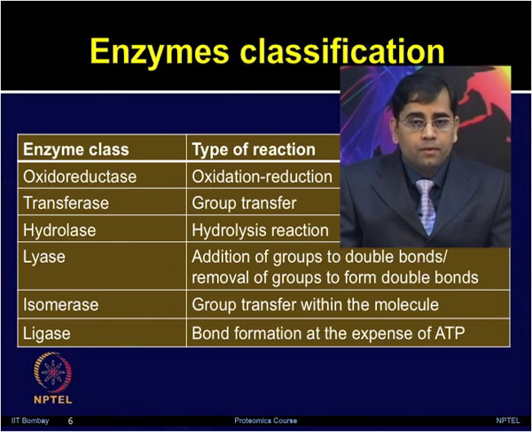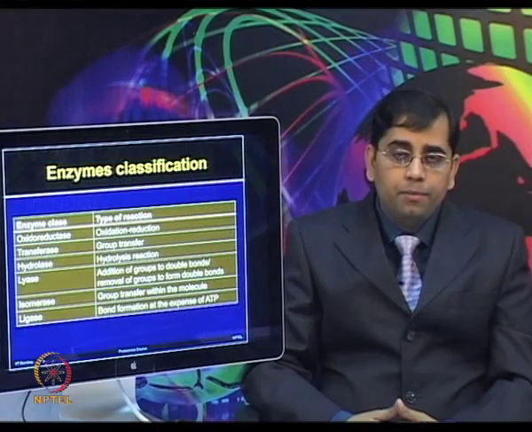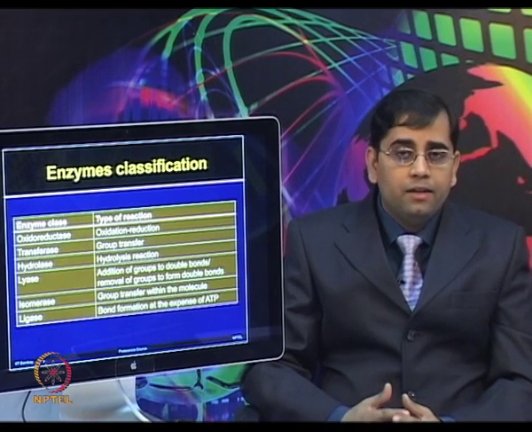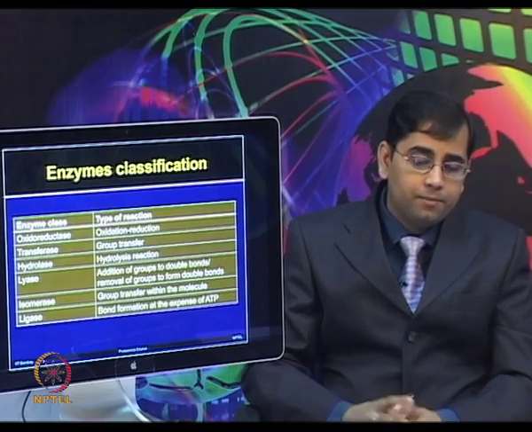Ligase catalyzes bond formation by using ATP. Example, glutamine synthetase. These are just a few examples, but each enzyme class incorporates various enzymes. Broadly, these are the types of reactions which these enzymes can catalyze.